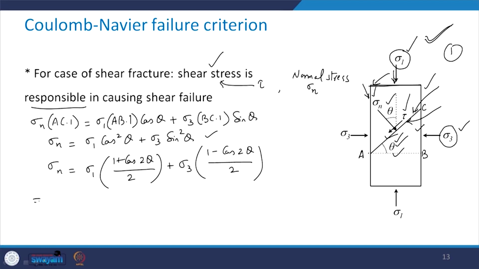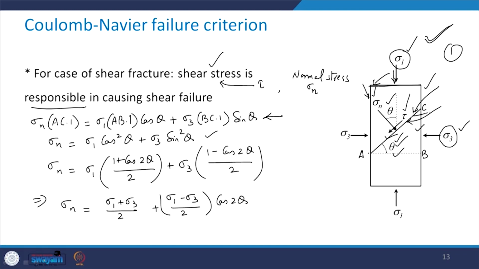And therefore, from here what you will get is sigma n equal to sigma 1 plus sigma 3 upon 2 plus sigma 1 minus sigma 3 upon 2 into cos of 2 theta.